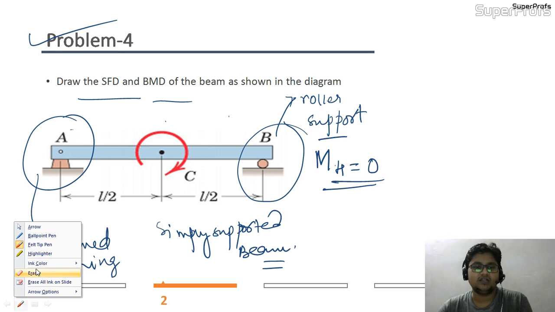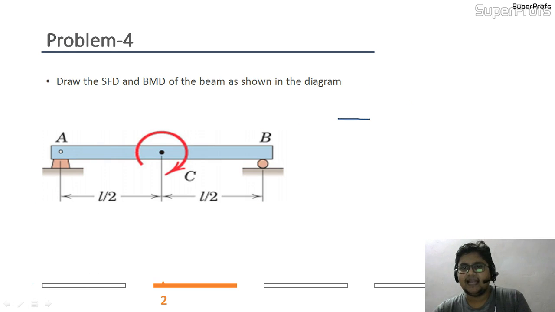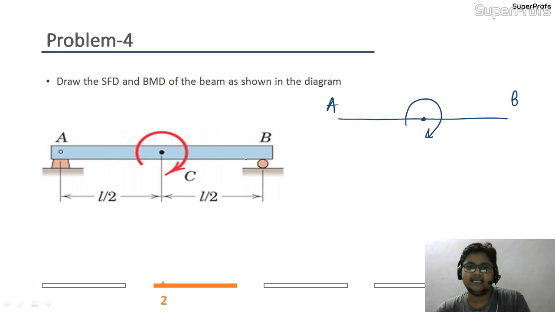So I will be drawing it again. Suppose this is my line diagram of the beam AB, which I have represented here. There is a couple C. What does this C represent? C represents a couple, or you can say it is a bending moment.